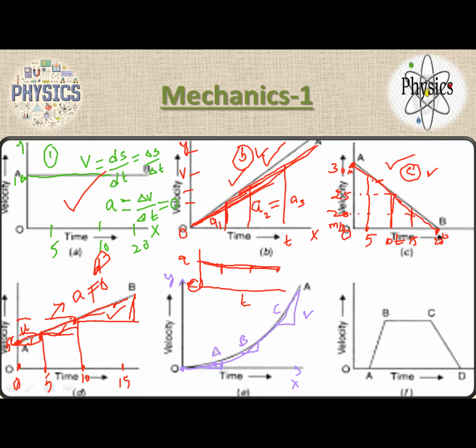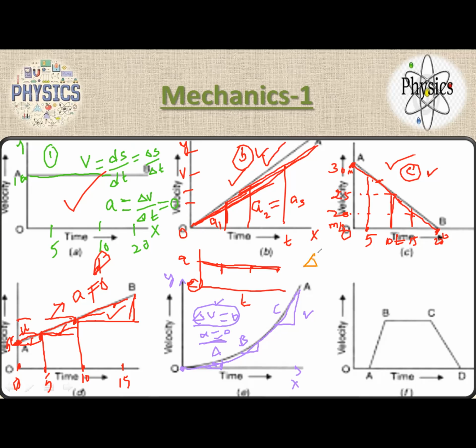If there is no change, if velocity is completely constant, that means dv is equal to zero, right? If dv is zero, a is equal to zero. Yes, sir. Whenever there is no change in velocity, acceleration equals zero, right? Pranav? Yes, sir.